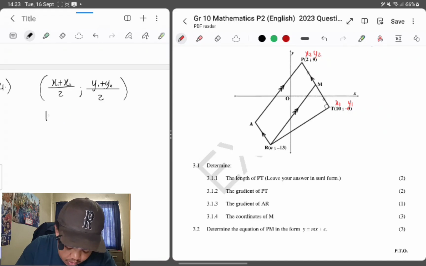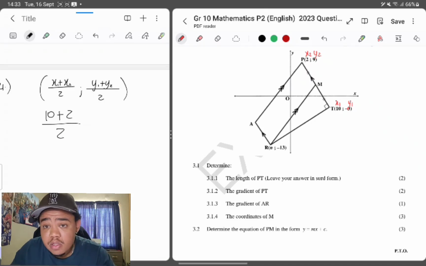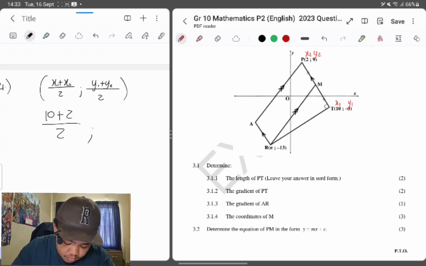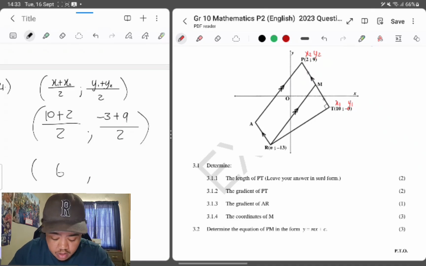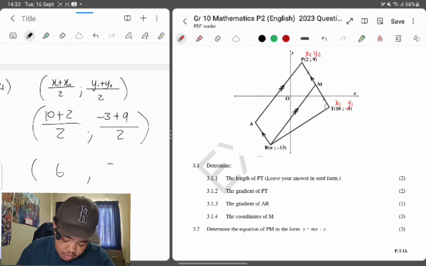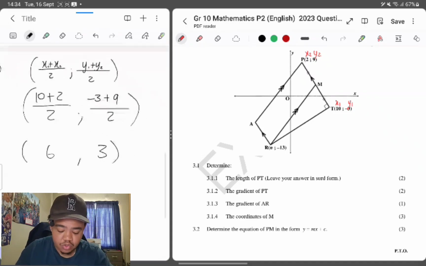X1 will be 10 plus x2 will be 2 over 2, because remember it's halfway, divided by 2, halfway point. Same for the y values now. So y1 was negative 3 plus 9. Okay, and our answer 12. So 10 plus 2 gives you 12 over 2 will give you 6, and negative 3 plus 9 will give you 6. 6 over 2 will give you 3, and that is your coordinates.